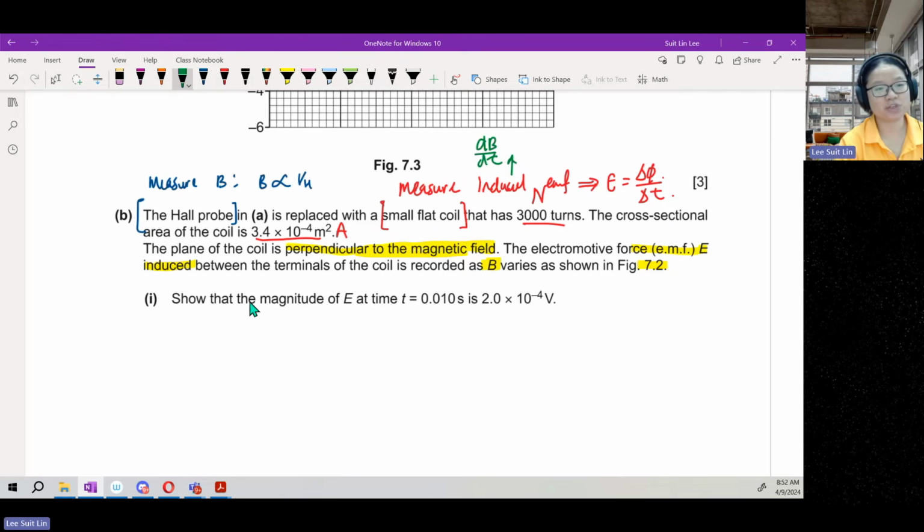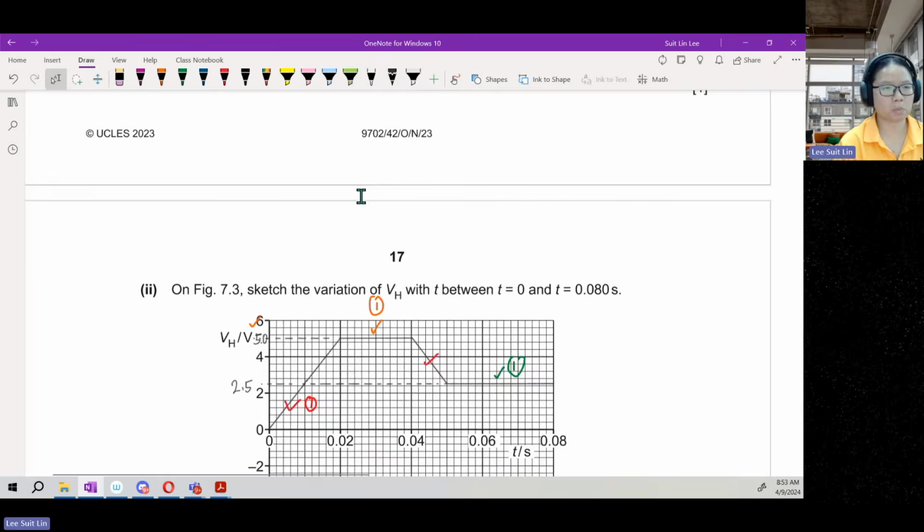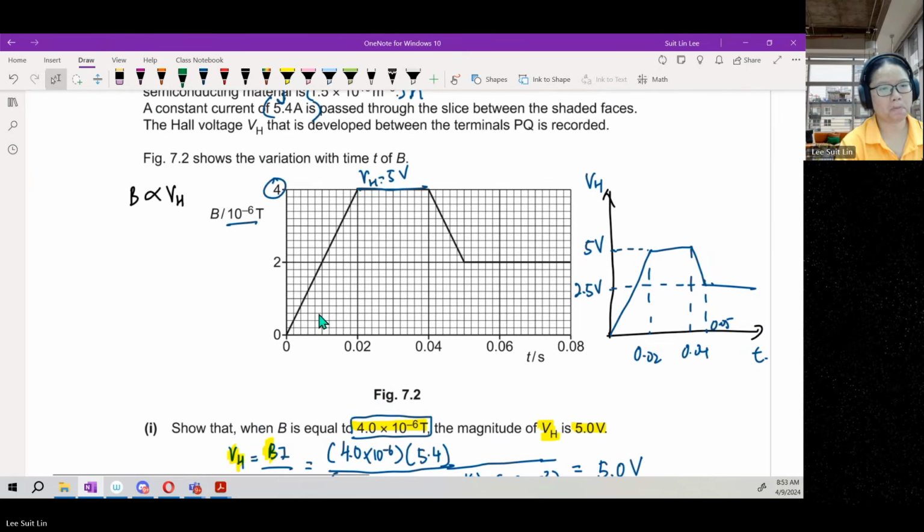Okay, anyway, show that the magnitude of E at 0.010 is 2.0 times 10 to the power negative 4 volt. Okay, let's check out 0.010. 0.01 here.